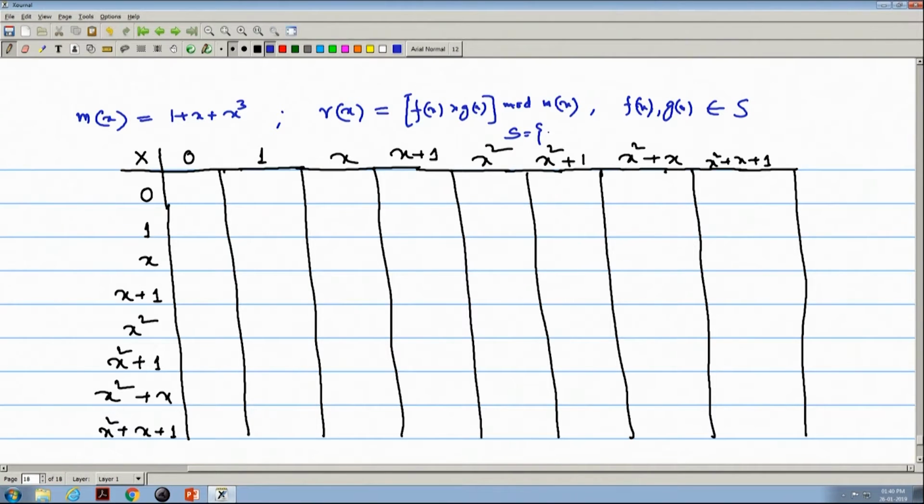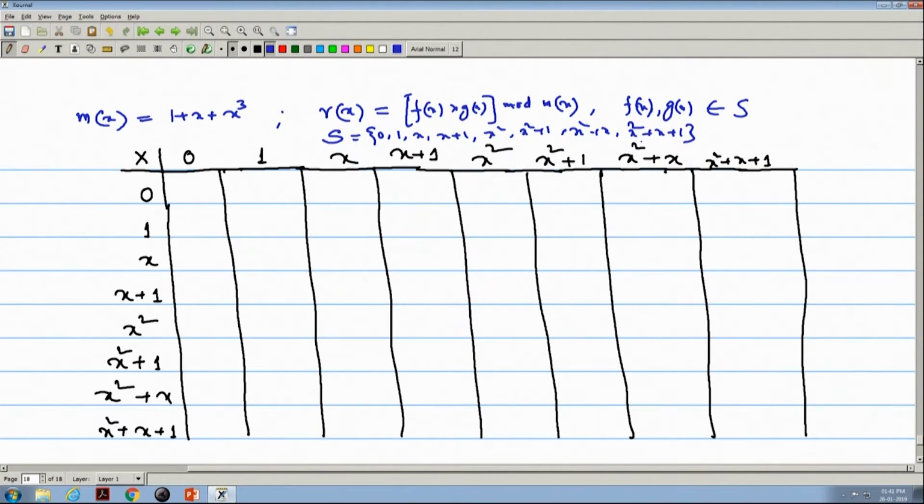So, S is 0, 1, x, x plus 1, x square, x square plus 1, x square plus x, and x square plus x plus 1, all 8 polynomials.